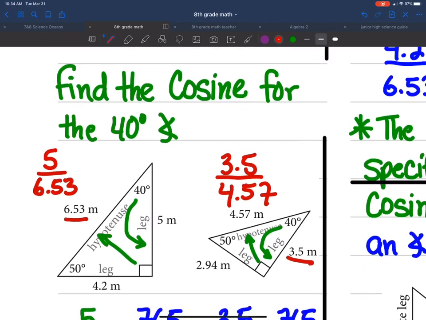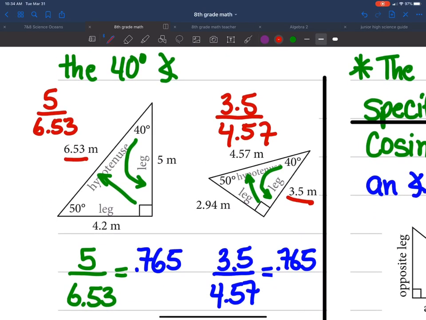When I divide 5 by 6.53, I'm going to get 0.76. And when I divide 3.5 by 4.57, I'm going to get 0.765. Good.